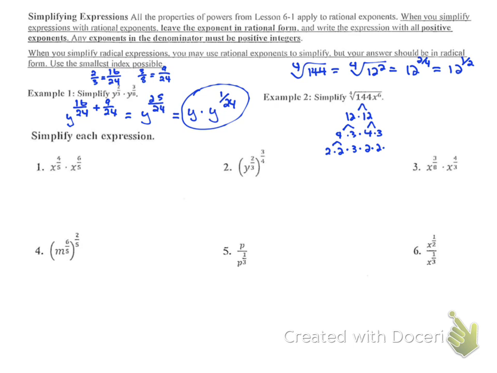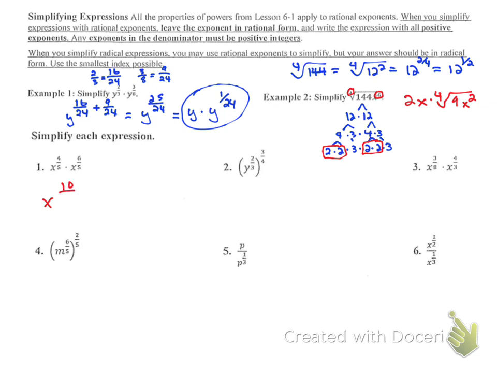Now, if you simplified it all the way, 4 of a kind to take one out, take out a 2, you'd have 9 left inside the radical. With the x's, 4 goes into x one time, leaves you with x squared inside the radical.